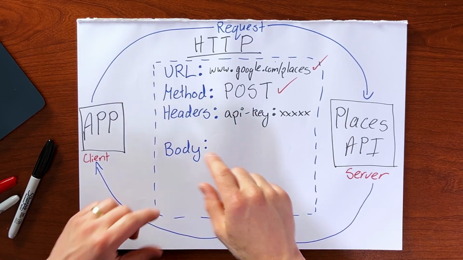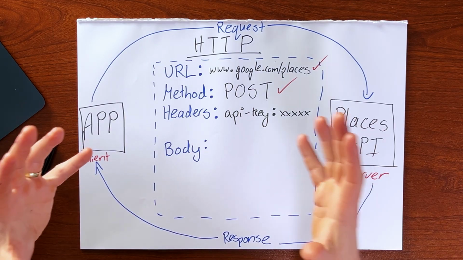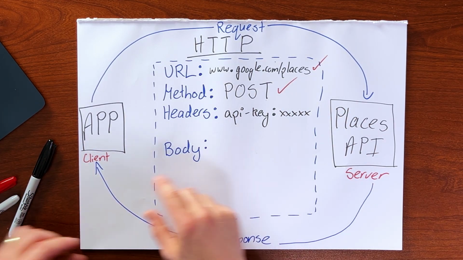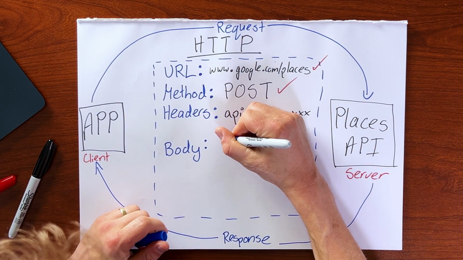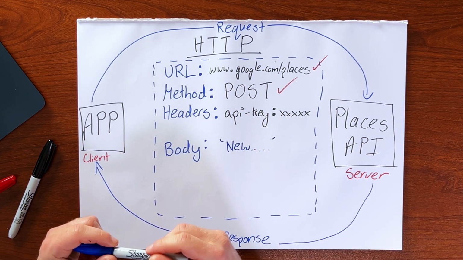And then finally, what about this body section? Well, the body section is where we add the actual content of this request. In our case, for this Places API autocomplete, this is where we're going to add the equivalent of our "new", right? Where we want to get something like New York or Newcastle back.